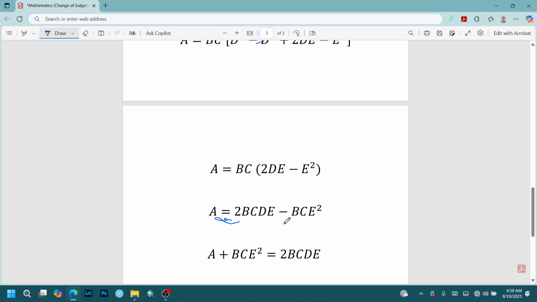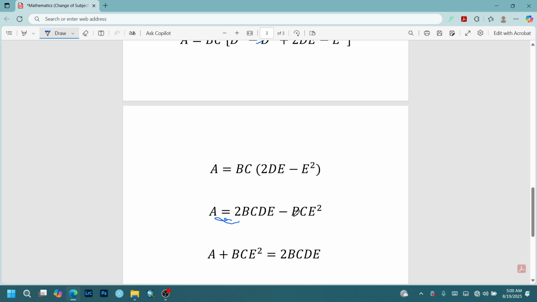And this is another rule: when a number crosses the equal to sign, it will change its form. If it's a negative number, it will change its form to become a positive number. If it's a positive number, it will change its form to become a negative number. So it will metamorphose to an inverse variable, right?